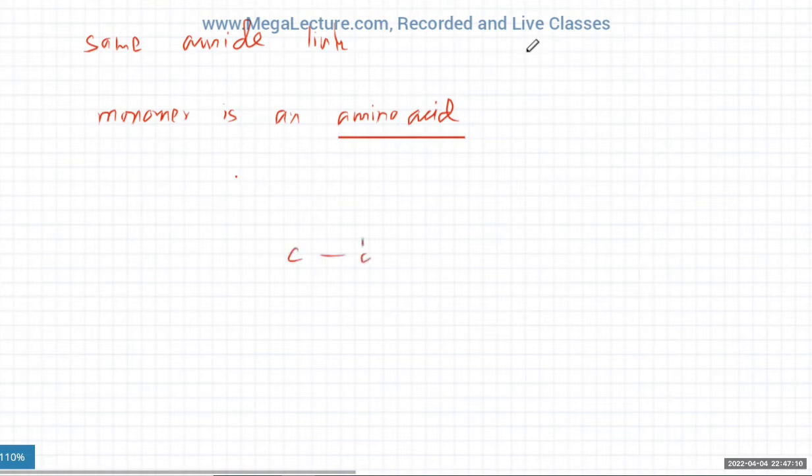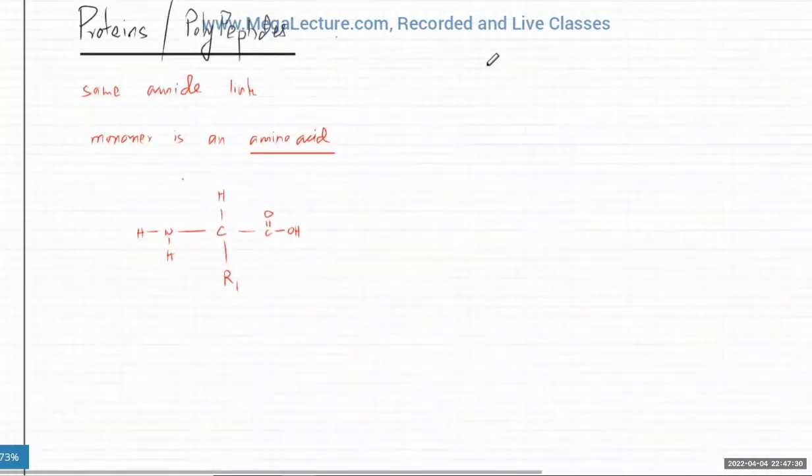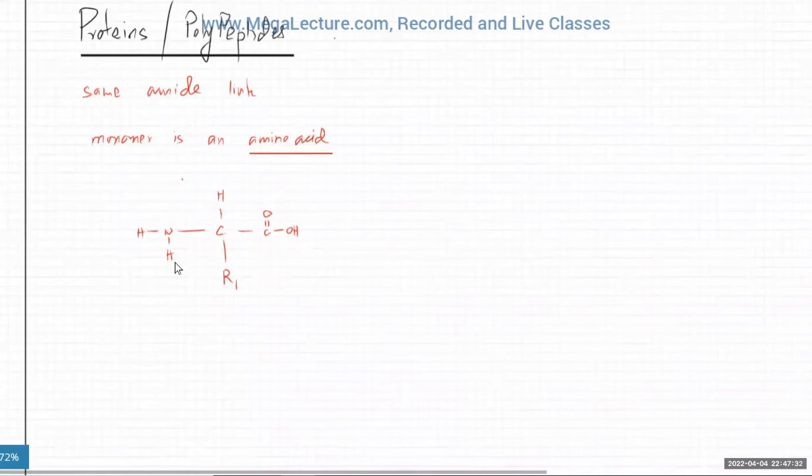So it's got double bond O and OH, and it's got an amine group on the other side, NH2. It's got some side chain, let's call that R1, and it's got an H at the top. So it's got an acid group and a basic group.